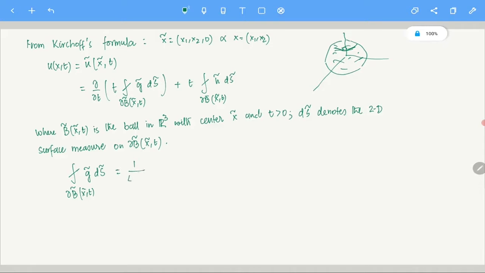It is 1 by 4 pi t square, of course, right? Because the surface area of the ball in 3 dimension is this, 1 by 4 pi t square, and then you have del b tilde of x tilde comma t, g tilde ds tilde. Clear? That is fine.